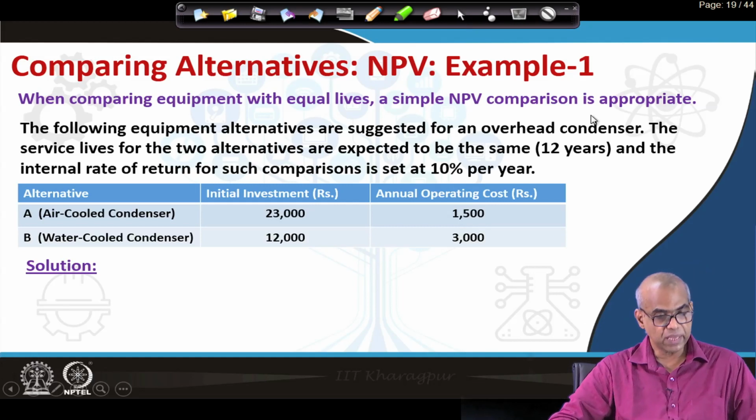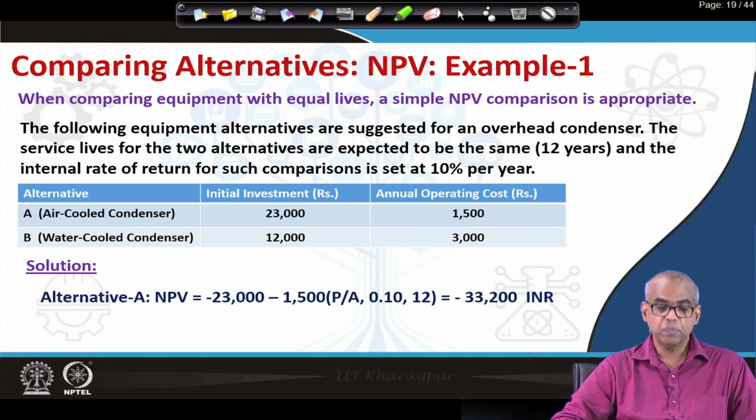So, you have two alternatives, A and B. A is an air cooled condenser and B is a water cooled condenser. Initial investment of A is 23,000, initial investment of B is 12,000. Annual operating cost for A is 1500 and annual operating cost for B is 3000.